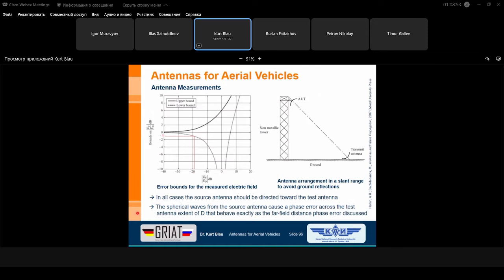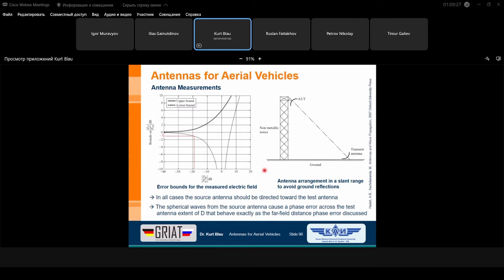And again, the spherical waves from the source antenna cause a phase error across the test antenna. It extends, which means the same as if you extend the D, it behaves exactly like the far-field distance phase error we have discussed. What does it mean? We cannot apply here an antenna under test with, let's say, a larger D which oversteps the far field condition.